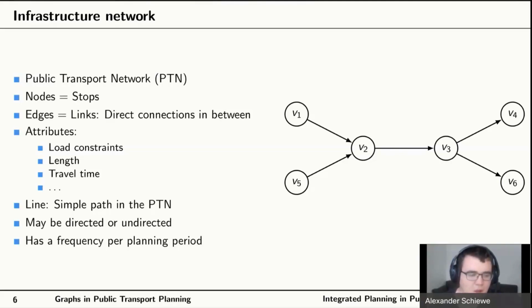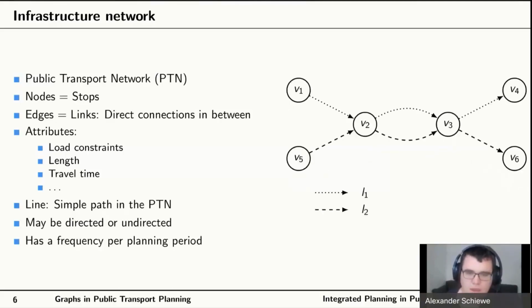Such a line now has just a frequency per planning period. So for example, if we are planning for a planning period of an hour, we may say that a line is served 3 times an hour, defining the headway and the frequency. And we can now just add it here, getting a kind of a line graph, where I now remove the infrastructure edges, remain with the same nodes, so the same stops, and just added 2 lines serving this infrastructure network.